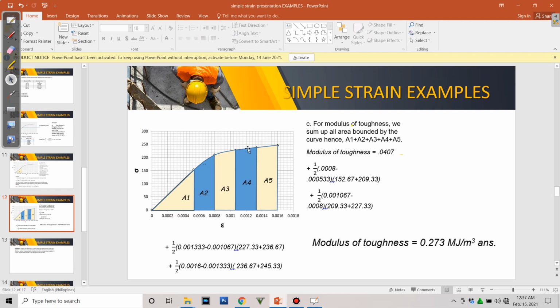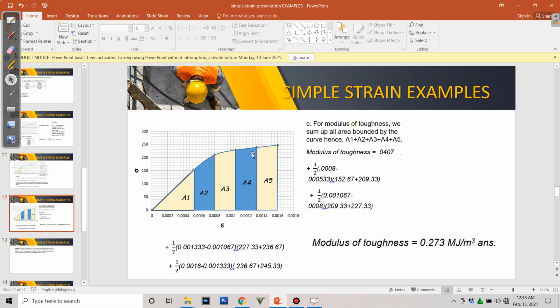Although these are curved areas, we'll just assume trapezoidal areas. Therefore, this procedure is an approximation of the modulus of toughness, because in reality this is a curved line.